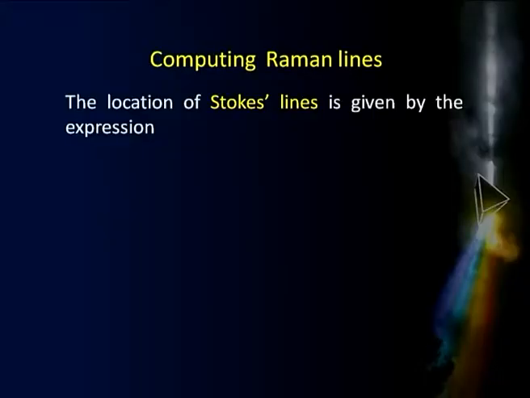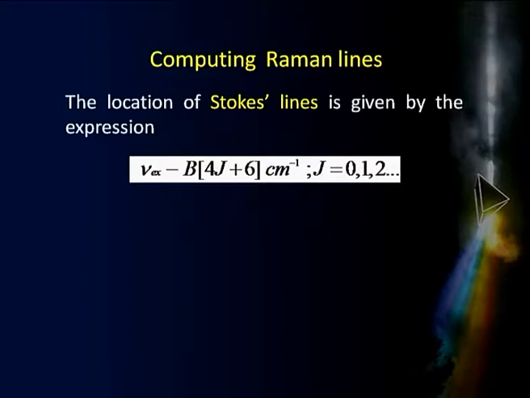Now, the second step was to compute the Raman lines. The first requirement was to find the location of the first Stokes line. We know that the location of Stokes lines is given by the following expression, which we talked about some time back: nu incident or excitation frequency minus B times (4j plus 6), where j happens to be 0, 1, 2 and so on.